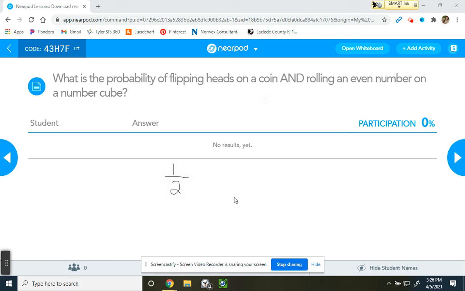A number cube has 6 sides, and 2, 3, and 4 are even if I roll those. So that would be 3 sides that are even. And then I just multiply those 2 together. See how these 2 fractions really had nothing to do with each other? This was coins, this was a dice. They didn't have to subtract anything because they didn't really apply to each other. So really I'm taking 1/2 times 1/2, which is 1/4.